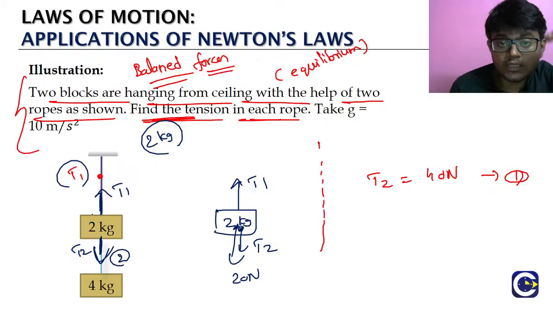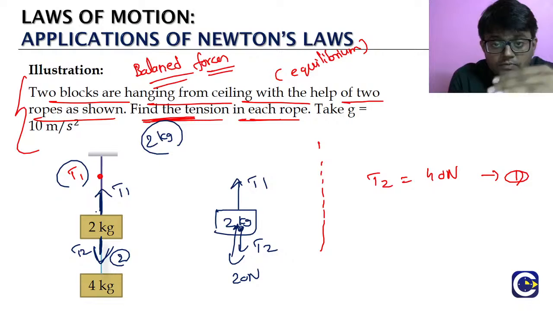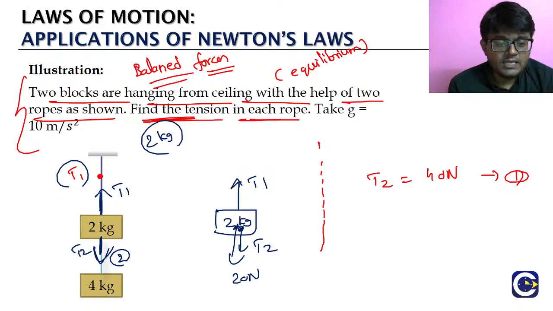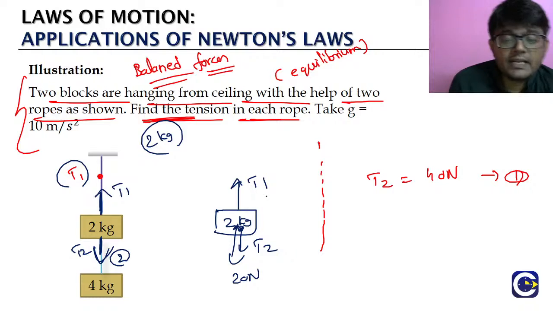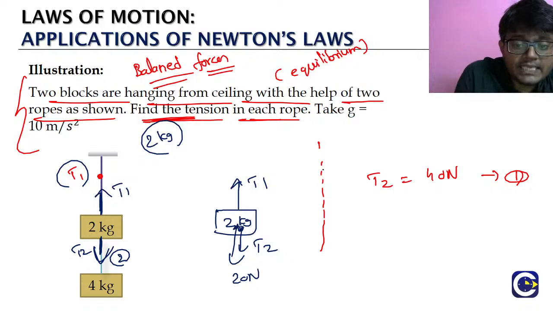The tension force acting on the 2 kg block because of the rope above is up. The tension force because of the rope below will be down. Like the rope above is pulling up, and the rope below will be pulling it down. Okay, so now look, the line that we take is still the vertical line.